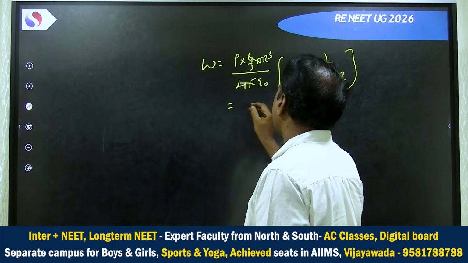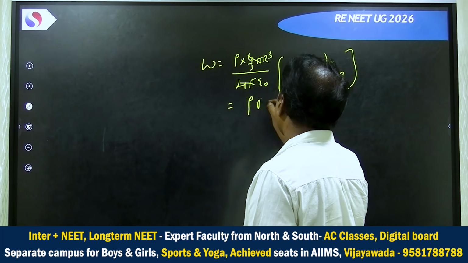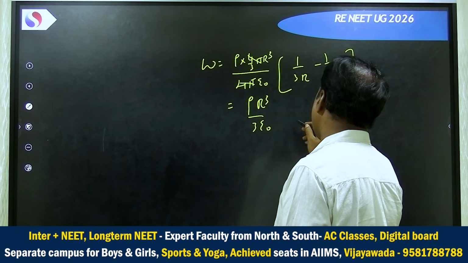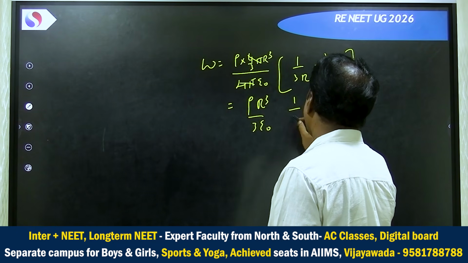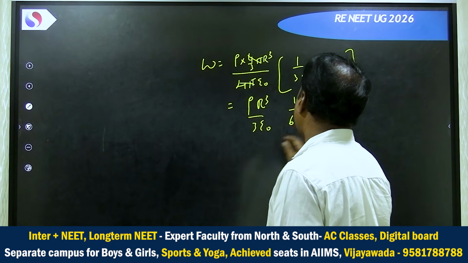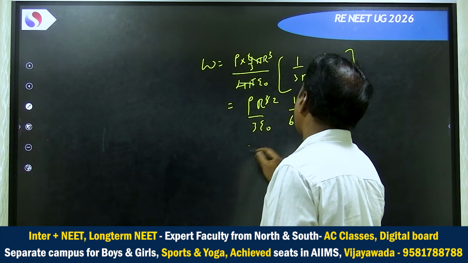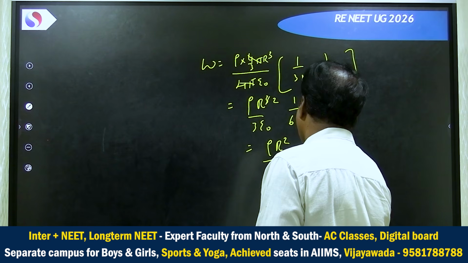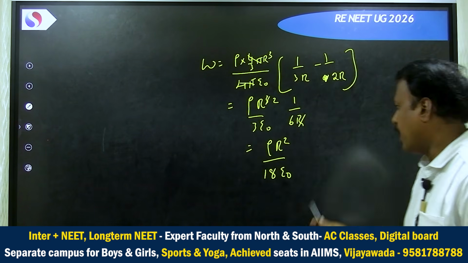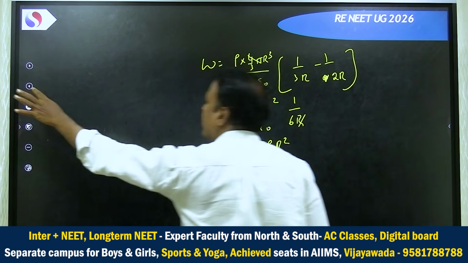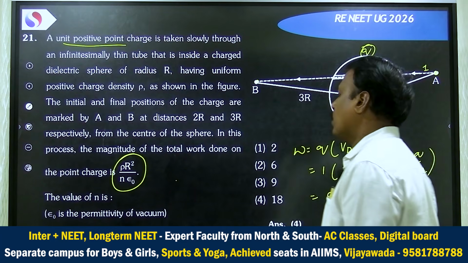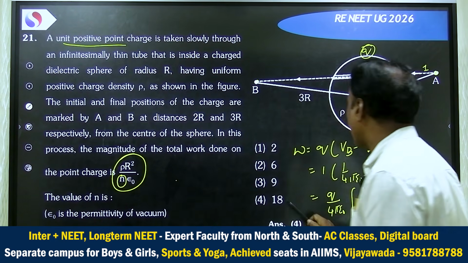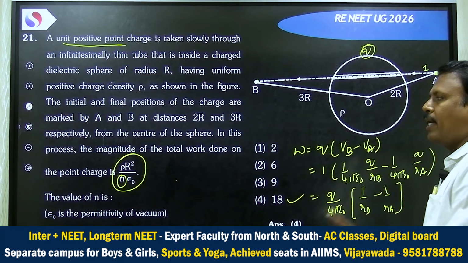Do the cancellation and you will get rho r cube by 3 epsilon naught. From here, we will get 1 by 6r. Do the required cancellation, you will finally get rho r square by 18 epsilon naught. And once again check into this problem. In that place, what is given here? N. So the n value for this particular problem is 18.